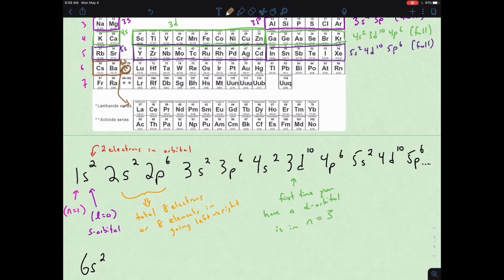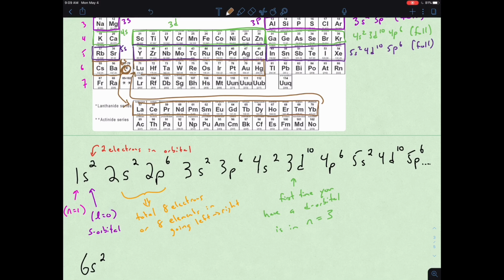So we go from cesium 55 to barium 56 to then lanthanum 57, and then we're going through cerium, etc., across all the way over to ytterbium number 70. And then we're coming back. Meaning once we're done here, now we come back up, and then we continue to fill our D set.